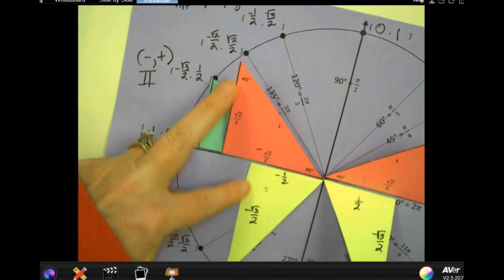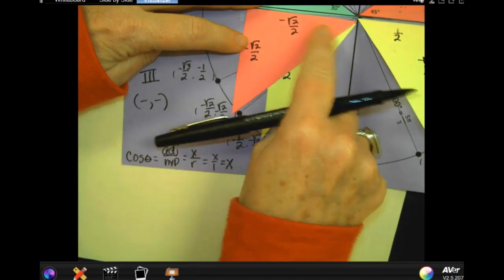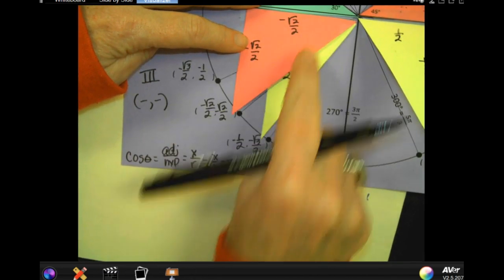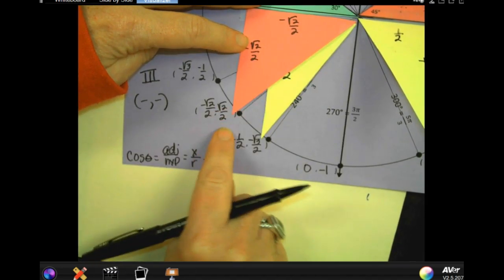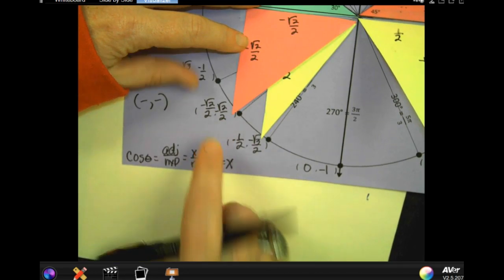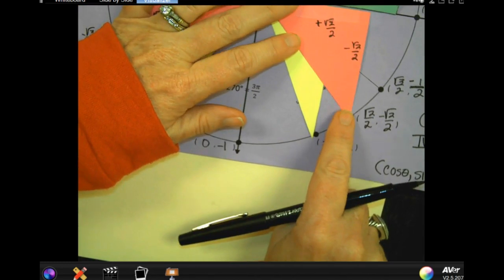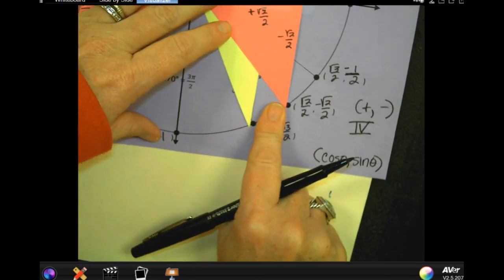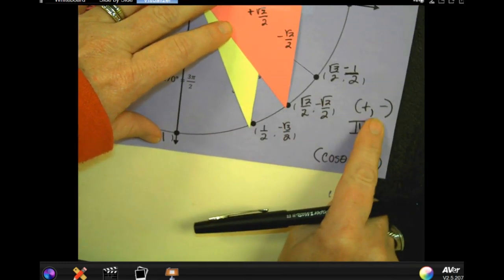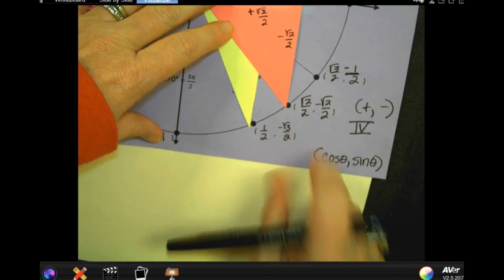If I use that reference angle and I flip it down, it's still the square root of 2 over 2, but they're both negative this time. And if I went to the 45 in the fourth quadrant, this time the x is positive, the y is negative. So a positive square root of 2 over 2 and a negative square root of 2 over 2.